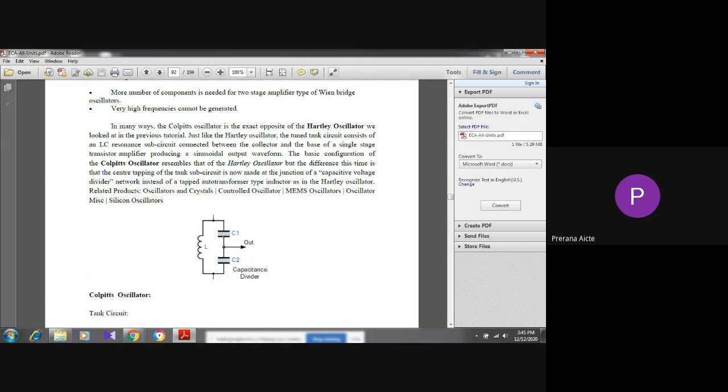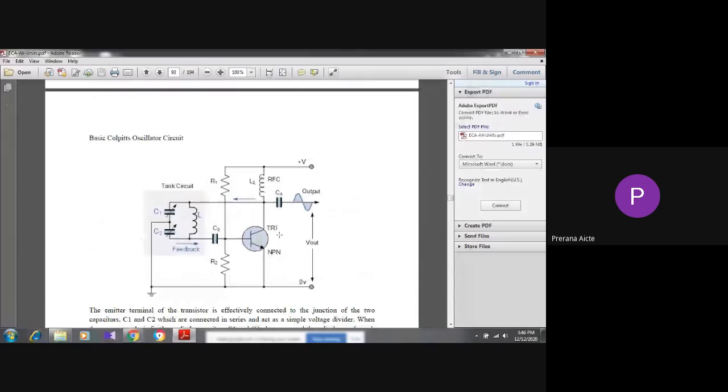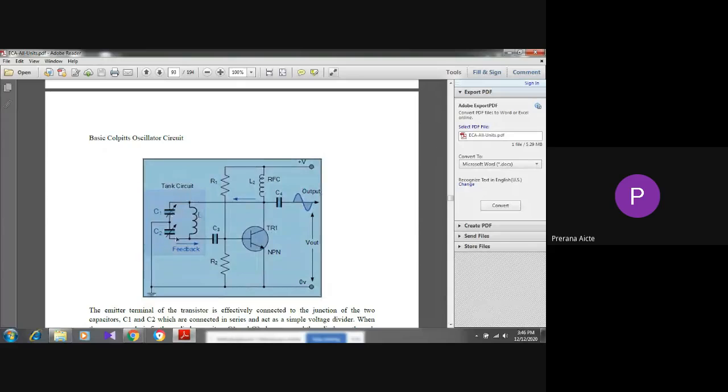So here the major difference between Colpitts and Hartley is in the feedback network. If the feedback network has two capacitors and one inductor, that is called Colpitts. Suppose two inductors and one capacitor, that is called Hartley oscillator. See, this is the Colpitts oscillator figure. This is the amplifier section, and this is the feedback part, using two capacitors and one inductor.